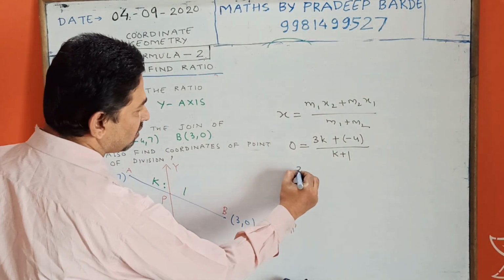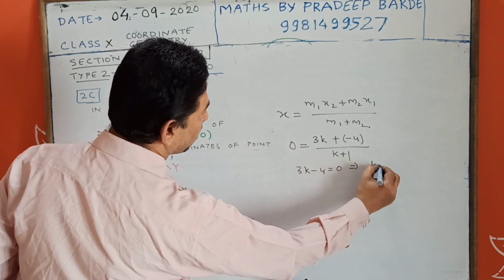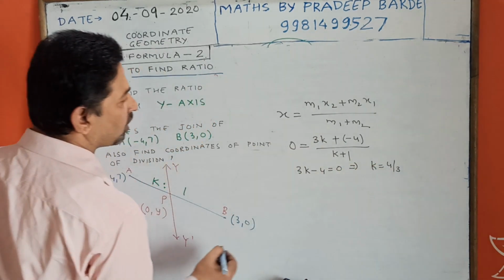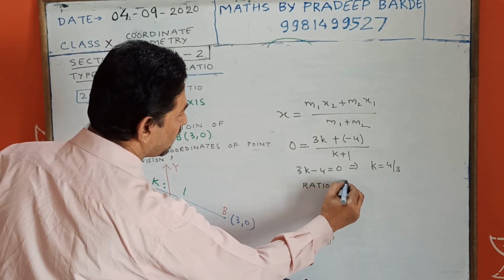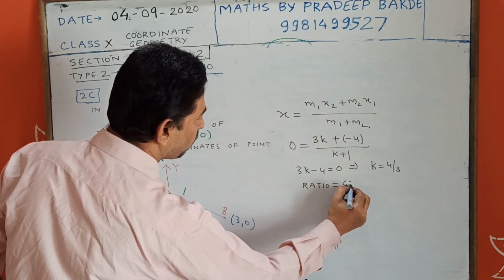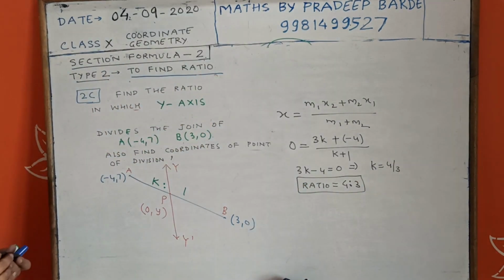So here we get 3k minus 4 is equal to 0. Therefore k is equal to 4 upon 3. So the ratio is 4:3.